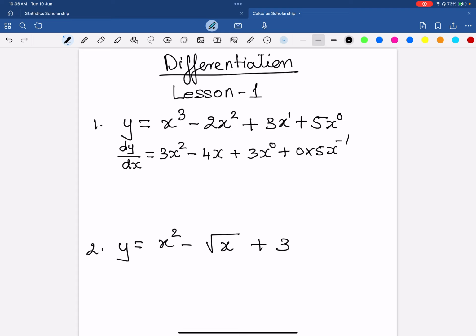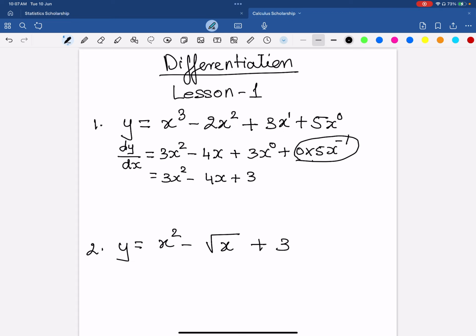Now this is 3x squared minus 4x. And you know that anything to the power of 0 is 1, so it will become 3. And the reason this whole thing disappears is because anything multiplied by 0 is going to give you 0.